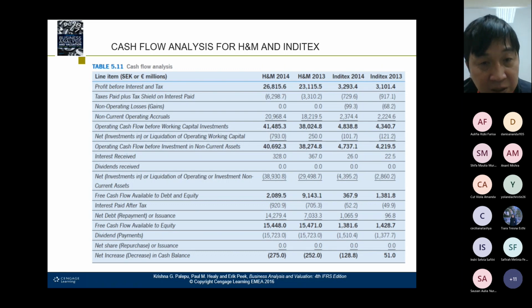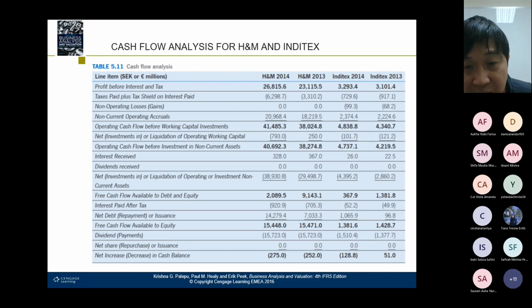Next, a liquidation of operating working capital, operating cash flow before investment in non-current assets. Okay, so interest received, dividend received, and net liquidation of operating or investment non-current assets. So the free cash flow available to debt and equity.